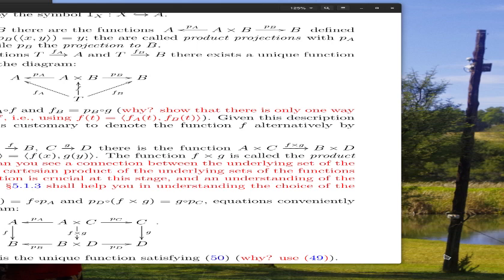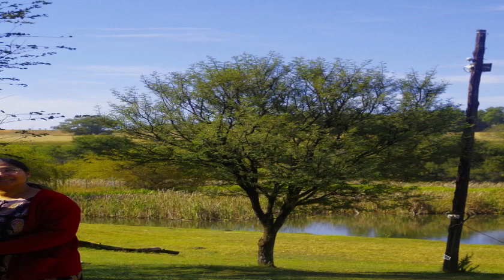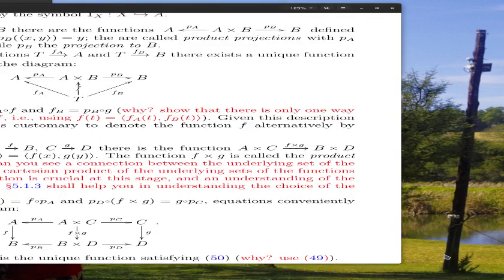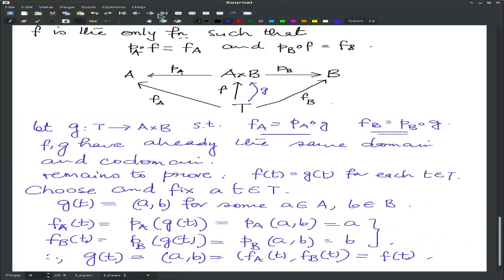Okay, now somebody asked about how you use the commutativity. I'll just quickly show number 4. So what did we show?